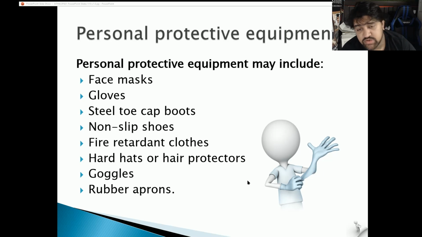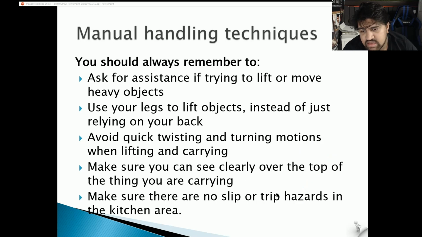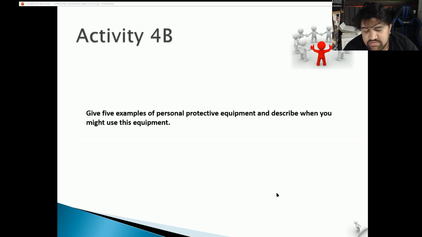As we are chefs or cooks, we're always next to fire. These will help us from at least catching fire too quickly. Then there are rubber aprons, so this is for if you're cutting or preparing food, to stop it getting onto your clothes and then going into another food preparation item, to avoid cross-contamination. Okay, so complete that. When you're ready, come back and we can move on to the next one.